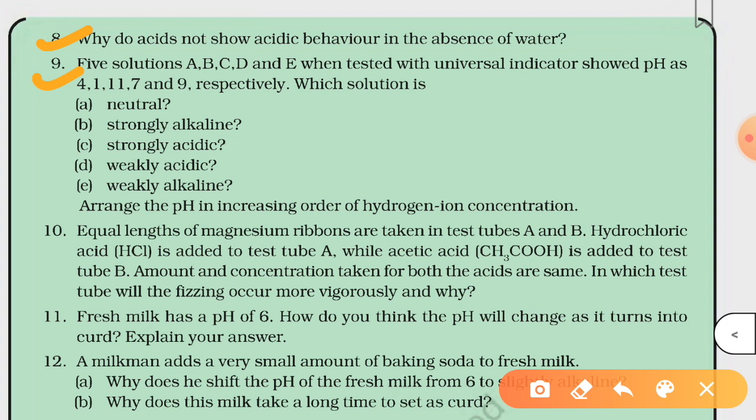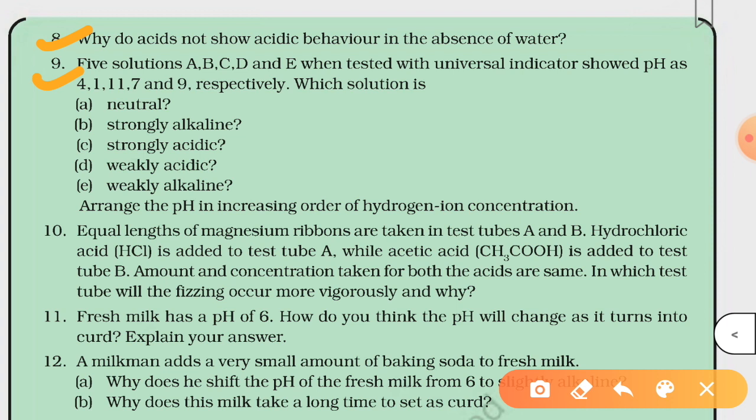So if you observe the pH value 11, it means C is strongly alkaline. Then strongly acidic. Acids having the least pH are considered strong acids. So the thing which has pH 1, B, will be strongly acidic.